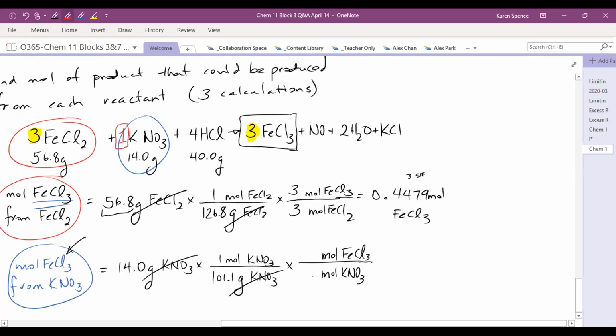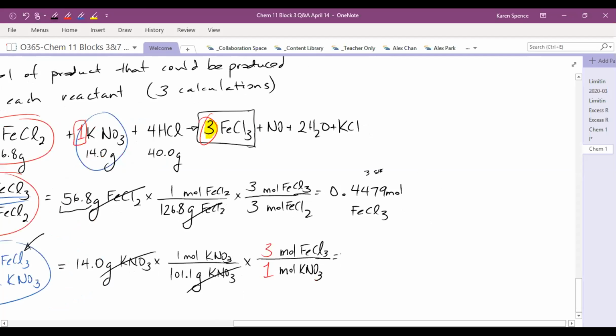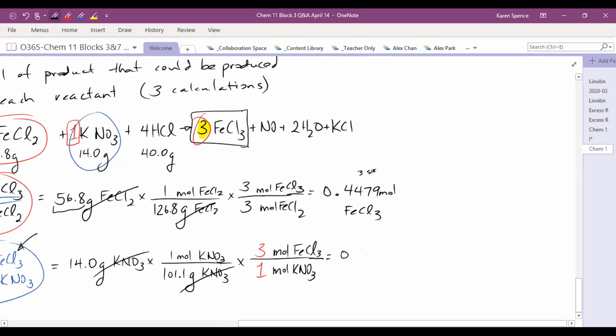So 1 mole of KNO3 for 3 moles of FeCl3. All right, let's do that. 14 divided by 101.1 times 3 is 0.4154 moles FeCl3.